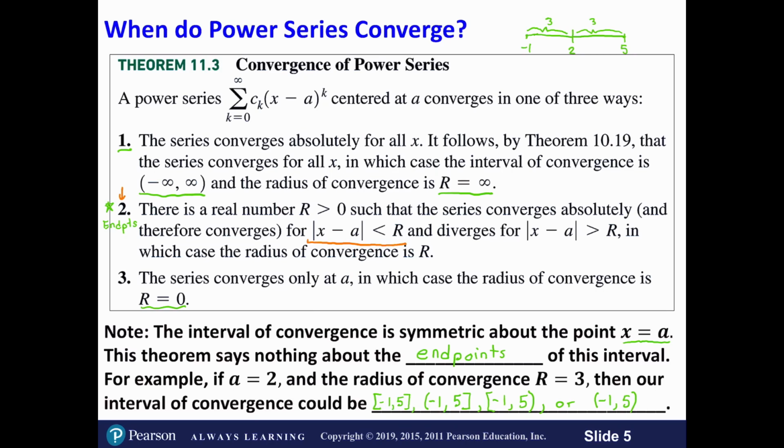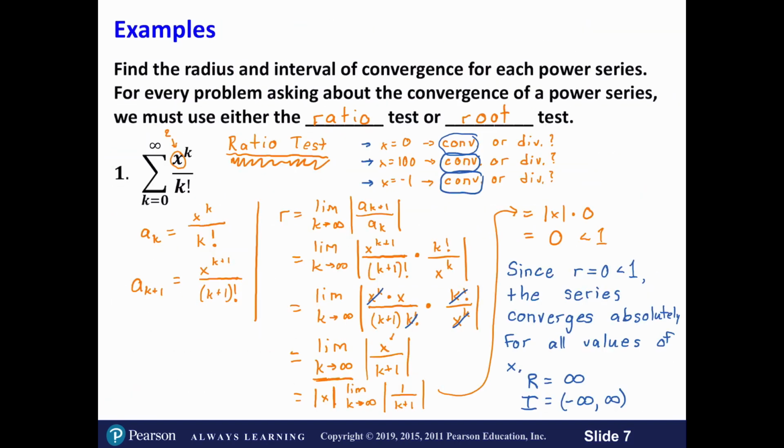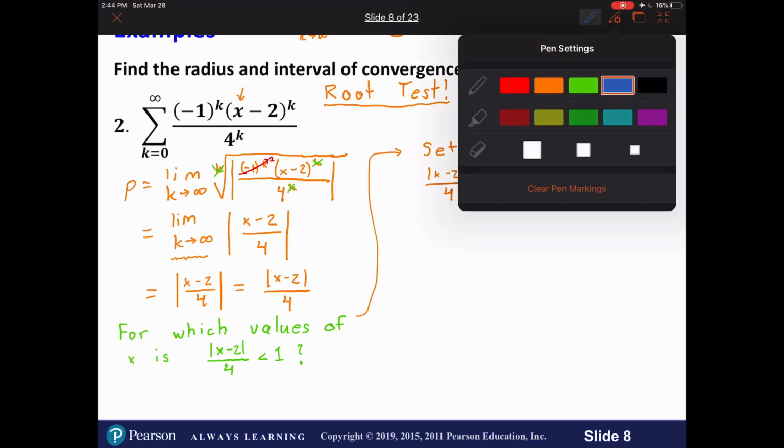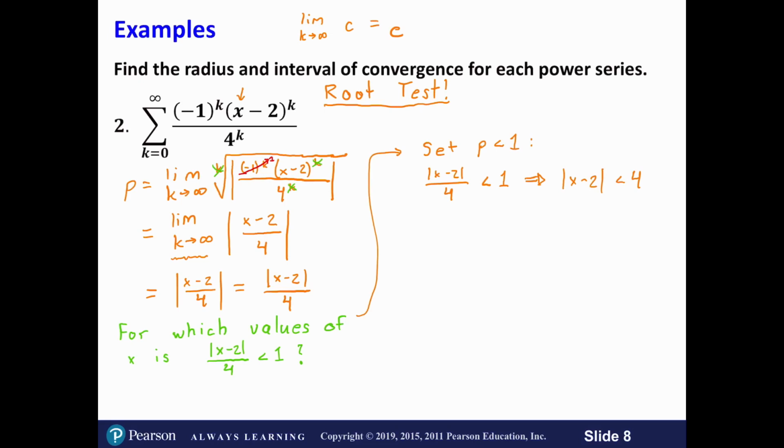So here's the key idea: if you ever see this, then whatever this number is here is your radius of convergence. So we just got absolute value of x minus 2 is less than 4, which means that your radius of convergence should be 4. So this is the radius of convergence.